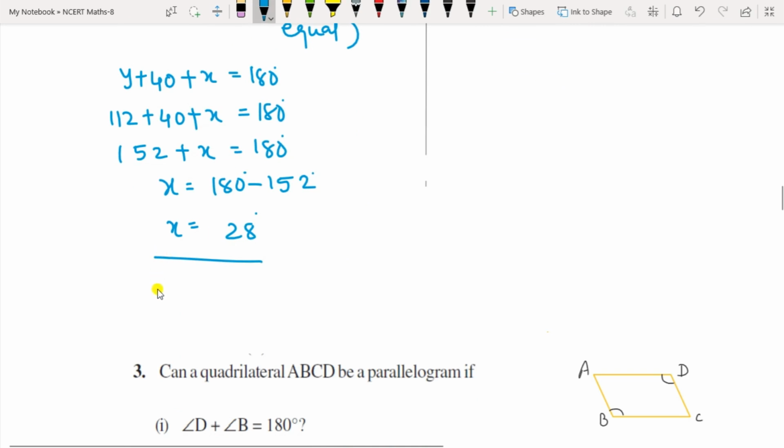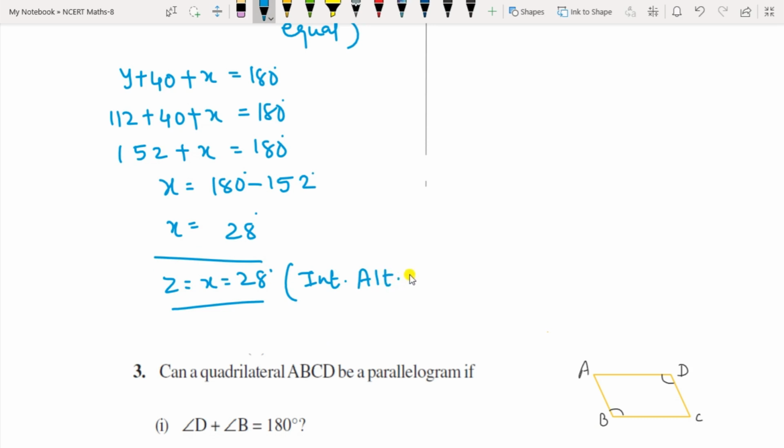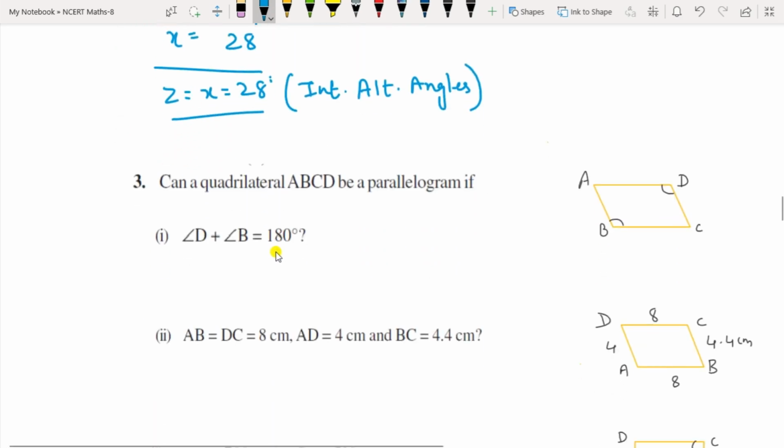You have to write that z equal to x, that will also be 28 degrees. Reason is interior alternate angles. If you didn't understand it, you go up at the starting and see the explanation of the parallel lines.